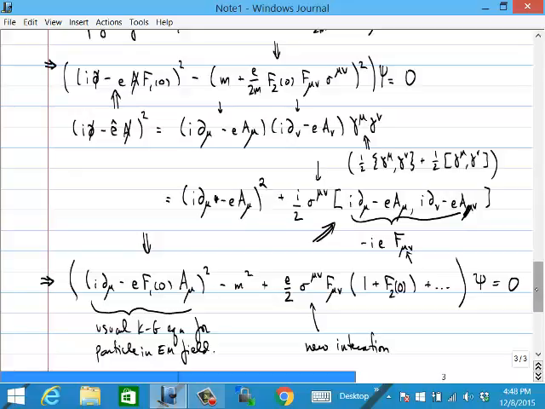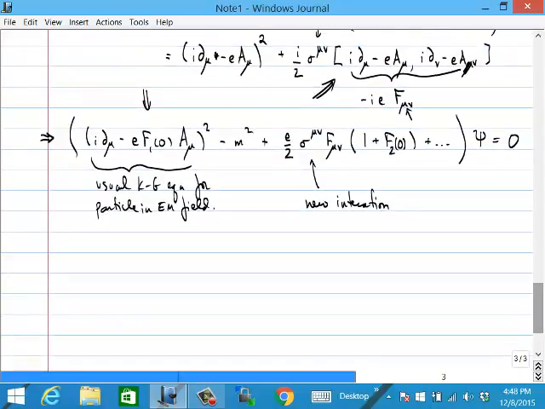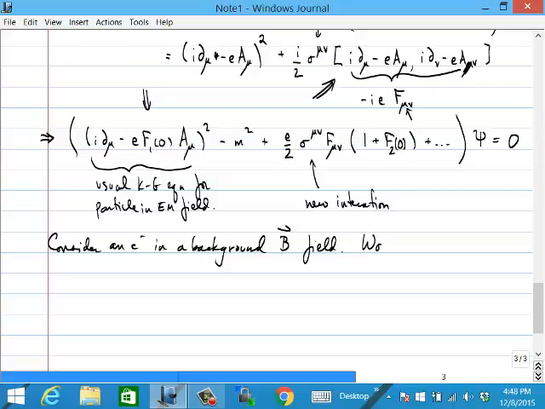In order to understand this a little bit more clearly, what I want to do is let's just consider our electron in a constant magnetic field. And let's work in the Weyl representation where we can write out explicitly what that matrix sigma mu nu is.